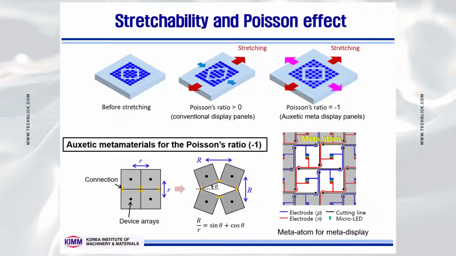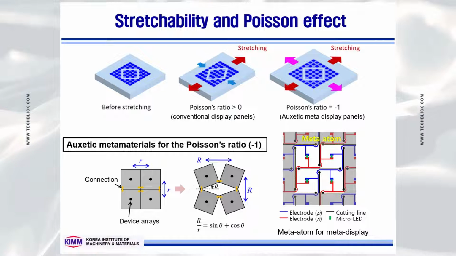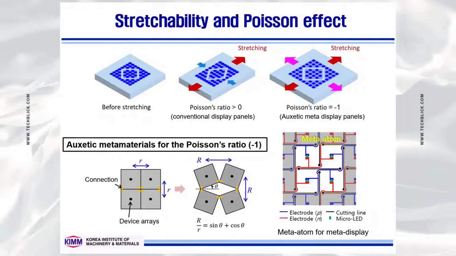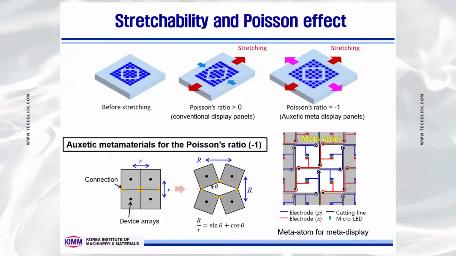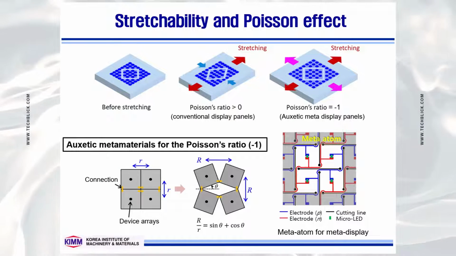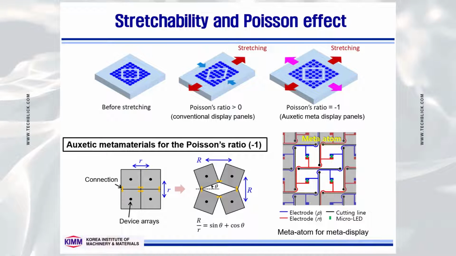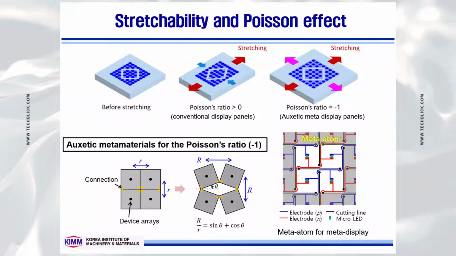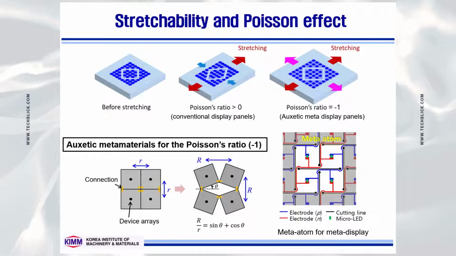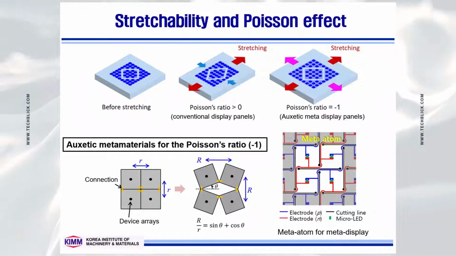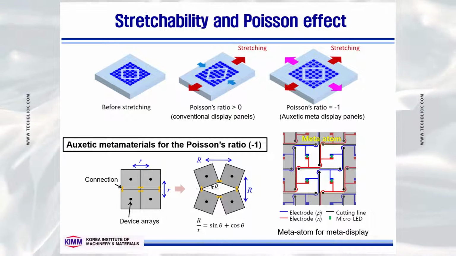But with auxetic metamaterial, whose Poisson's ratio is negative, especially -1, when stretching uniaxially in this direction, the perpendicular direction can also expand. This kind of auxetic metamaterial can be realized using rotating squares and hinges like this.